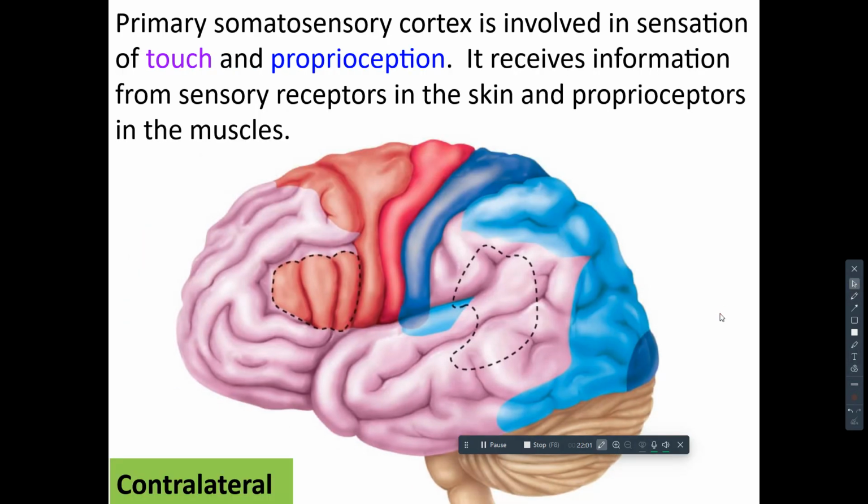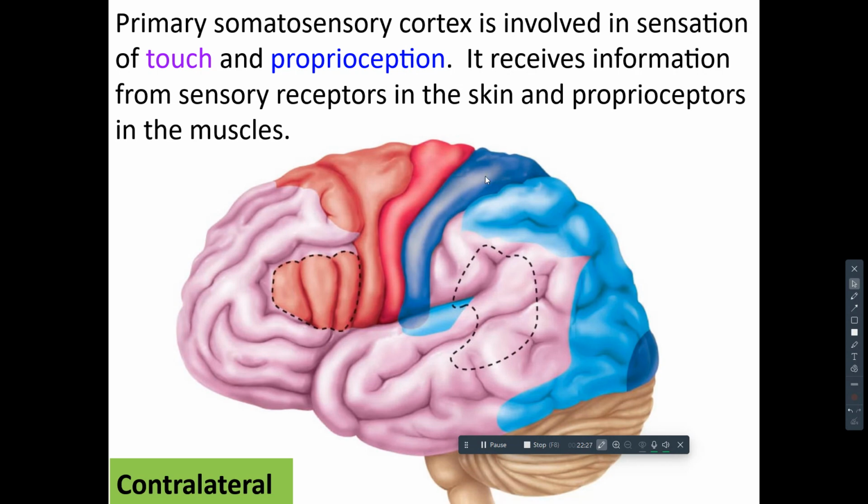The two major body sensations are touch and proprioception. We know what touch is already: the pressure we feel on our skin, and there are sensory receptors for light touch and deep touch and all sorts of different things. They're sending information to this primary somatosensory cortex.